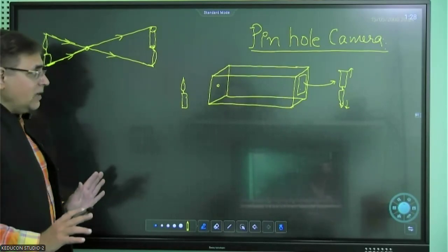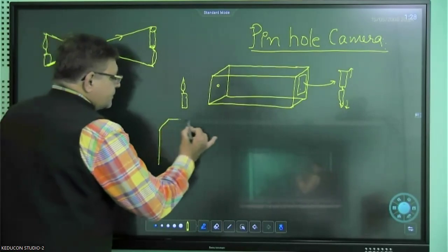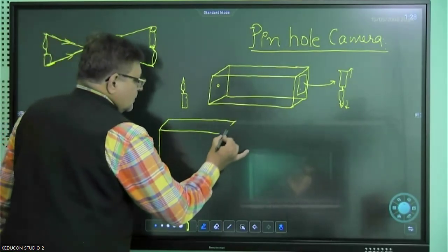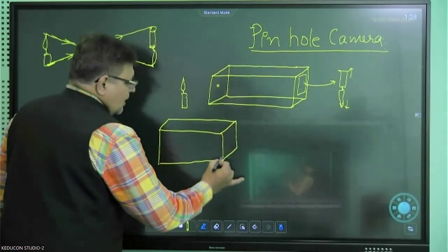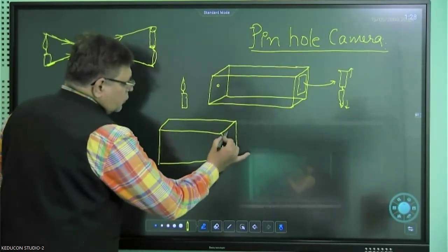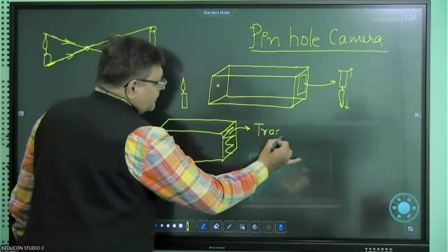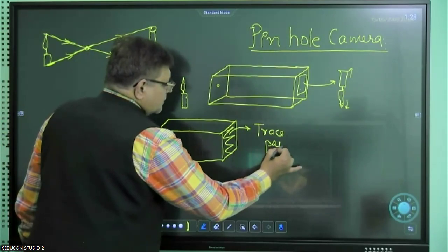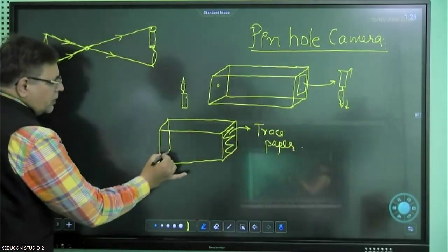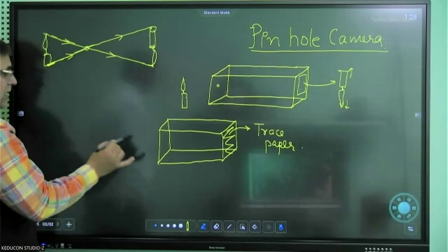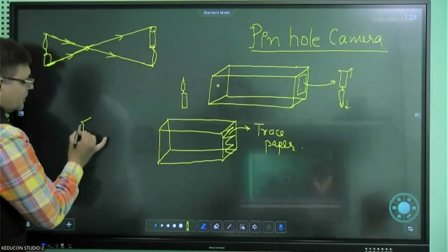How have we made it? I told you, one box is taken, of a little bit larger size. On this particular section you will paste the trace paper, and on this side you will keep it open. Why? Another box of a little bit smaller size will be taken.